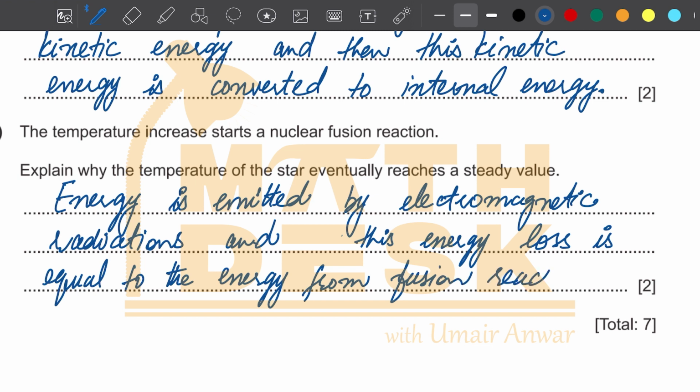So whatever the energy is given out is produced by the fusion reactions again. That is why the temperature reaches a steady value in this process.